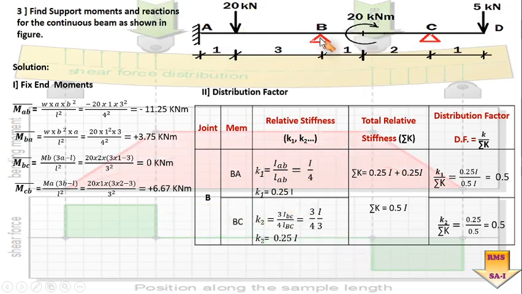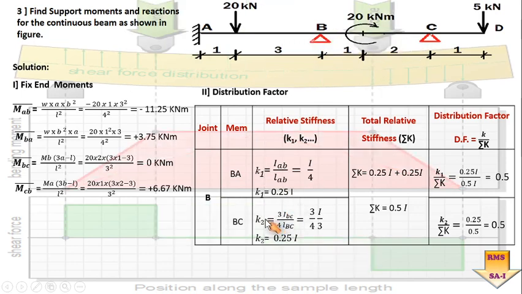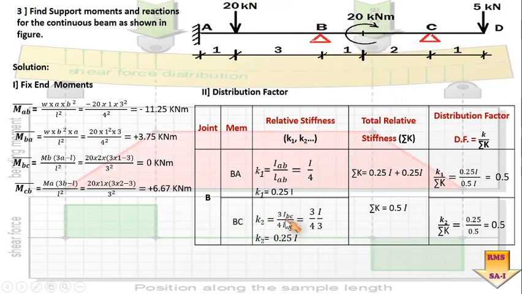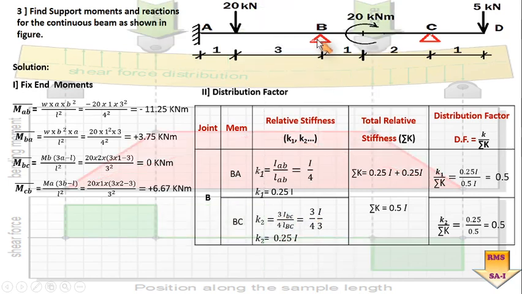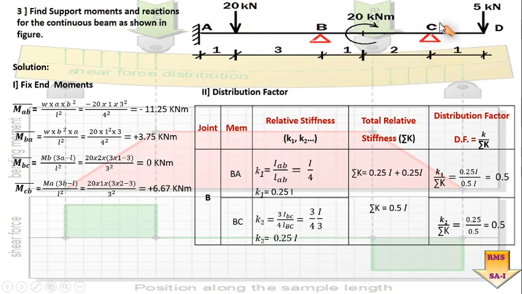The same is done with the other part of the beam, that is BC. So K2 is the relative stiffness for span BC, which is equal to 3 by 4 I by L. Why is it to be taken as 3 by 4? Because the far end, that is C, is a simple support.